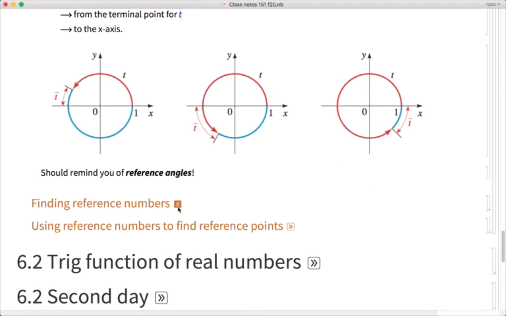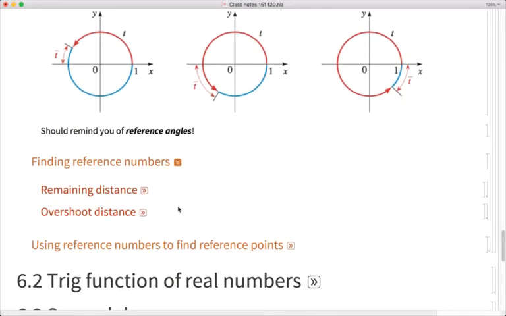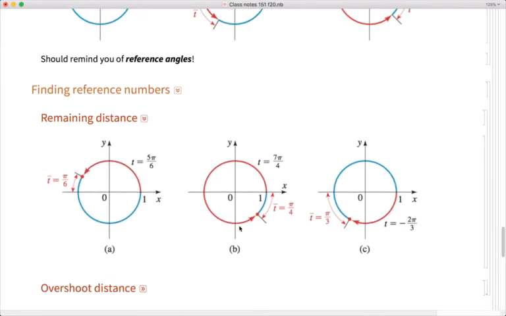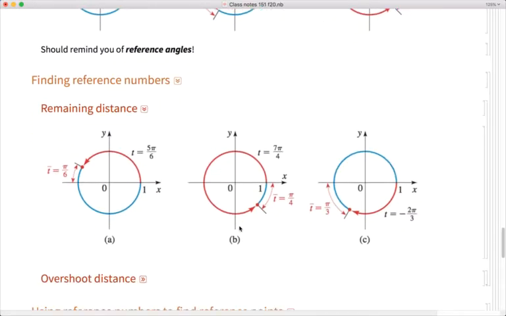Okay, so the same idea here, but just with numerical values. If t is 5 pi over 6, we almost made it to 6 pi over 6. The remaining distance that we needed to travel here was pi over 6. So that's the reference number for 5 pi over 6.